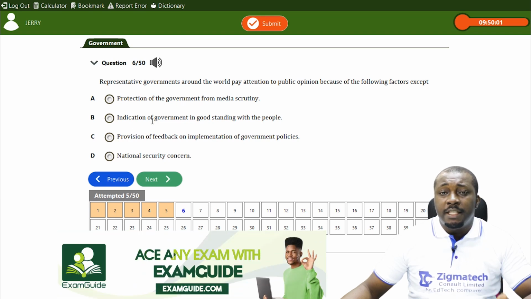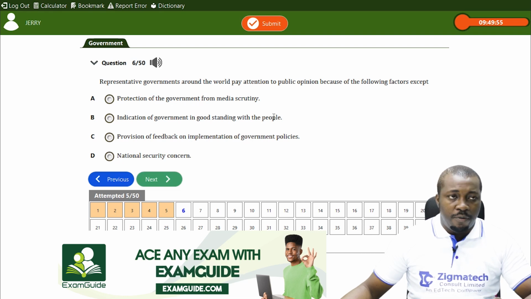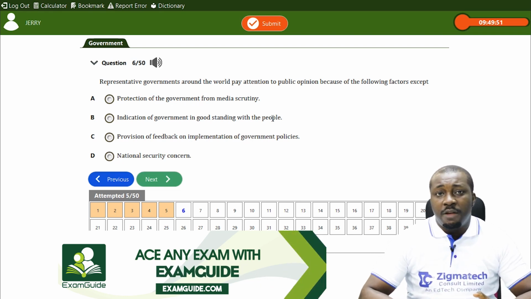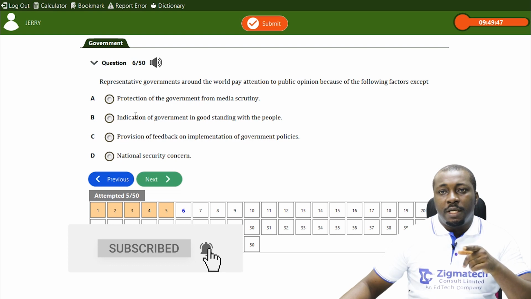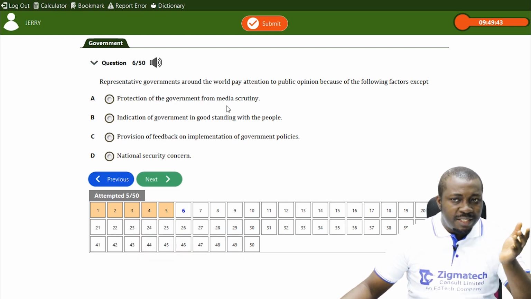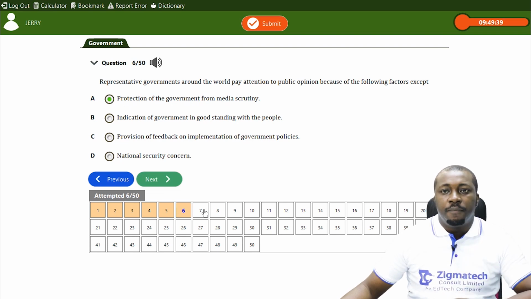It can also be an indication of government in good standing with the people, especially with respect to its policies. Now, it cannot protect the government from media scrutiny. No, public opinion will not protect government from media scrutiny. So this is the answer.